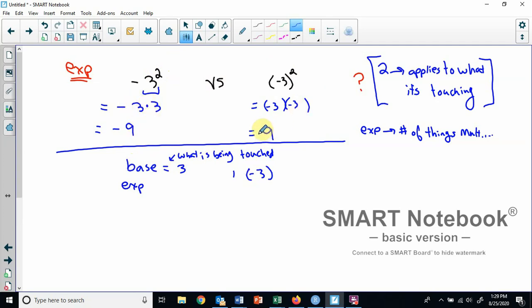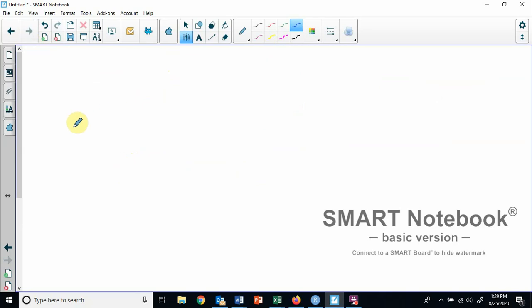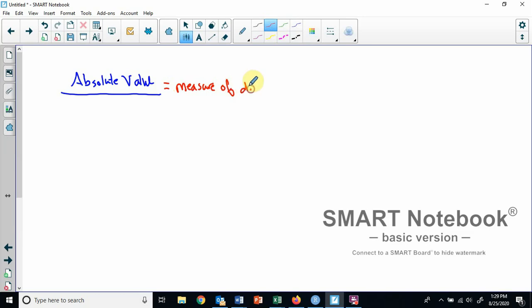Okay? Now, one other thing is, what are absolute values? What is an absolute value? Let's talk a little bit about what an absolute value is. An absolute value actually is just a measure of distance from 0.